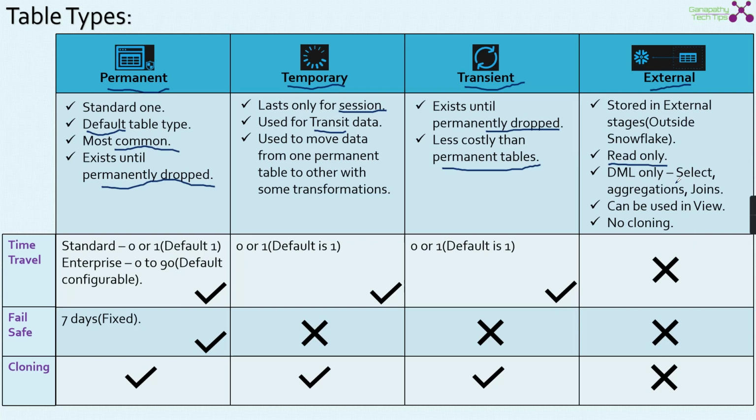So obviously we can do only DML operations, typically select, aggregations and joins. It can be used as a view as well, meaning we can create a view on top of the external tables. The cloning option is not available with the external tables. So this provides an overview about what these four tables are.